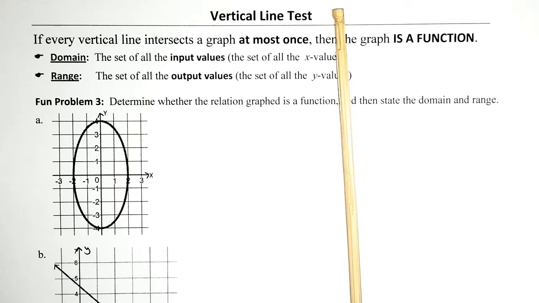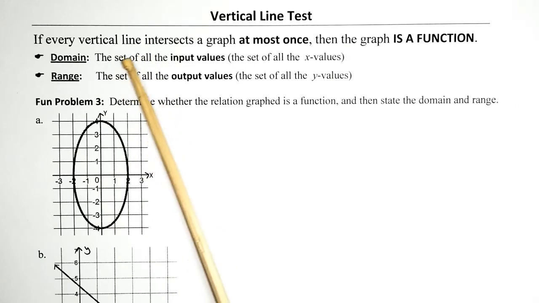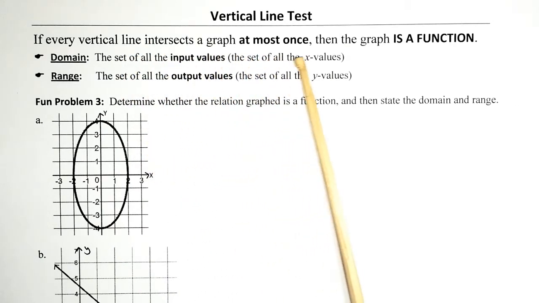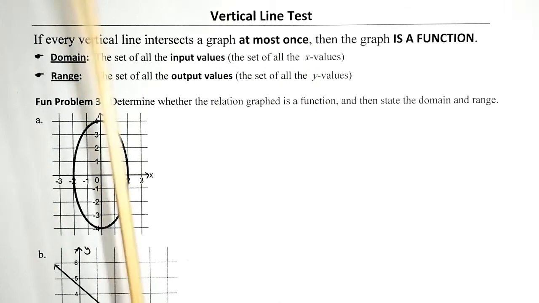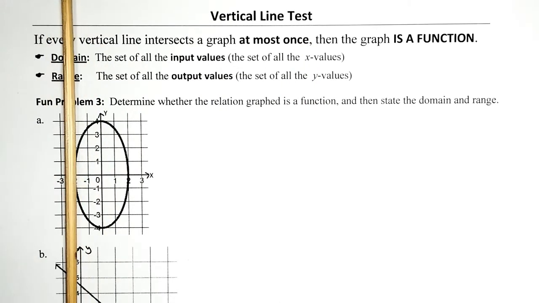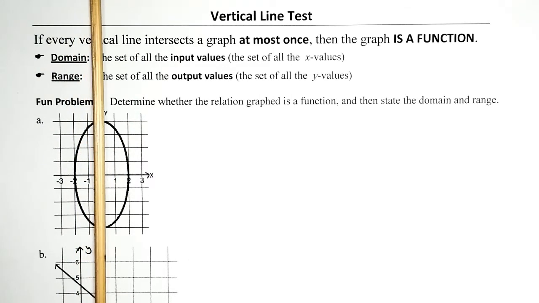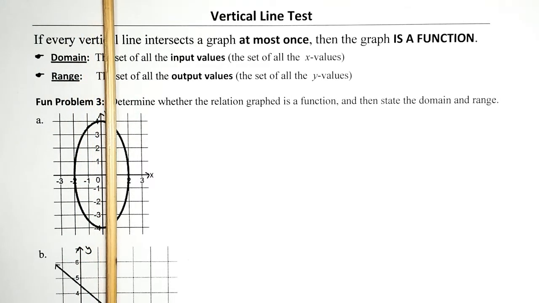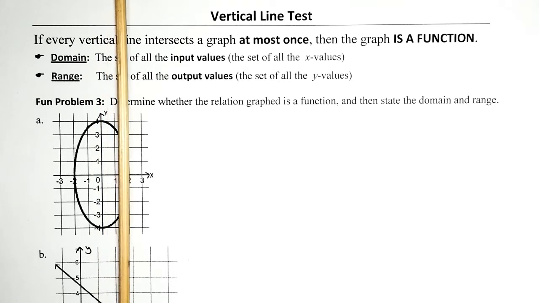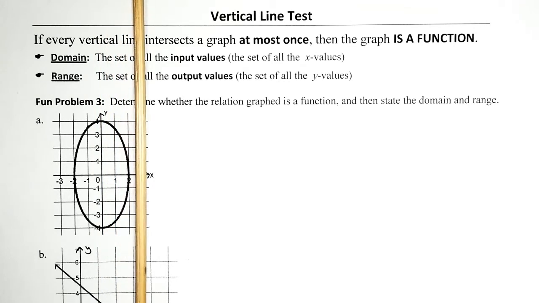The rule says if every vertical line intersects the graph at most once, then the graph is a function. So we're going to take our vertical line and slide it across the graph, and see if the vertical line intersects the graph in no more than one place.